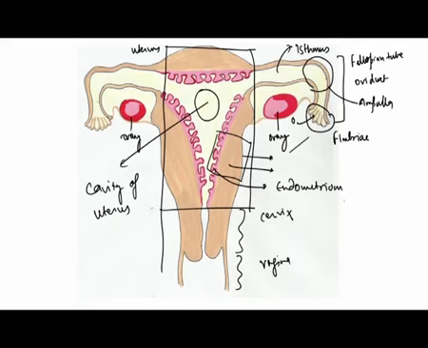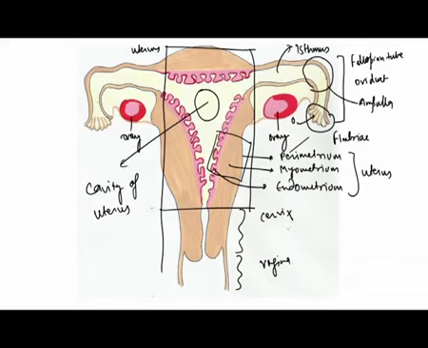The middle part of the uterus is called the myometrium, and the outer part, because it is outside, is called the perimetrium. So, perimetrium, myometrium and endometrium are the layers of the uterus from outside to inside.